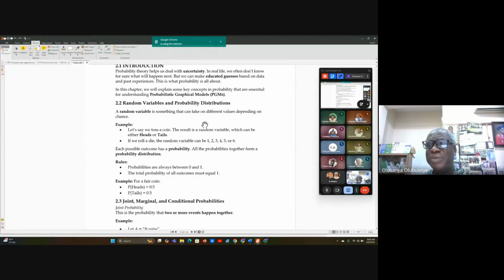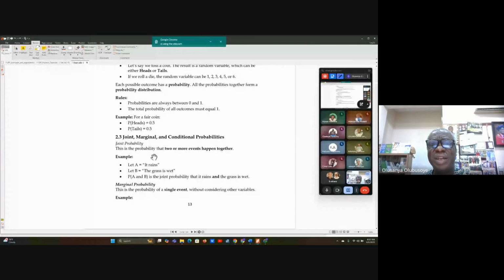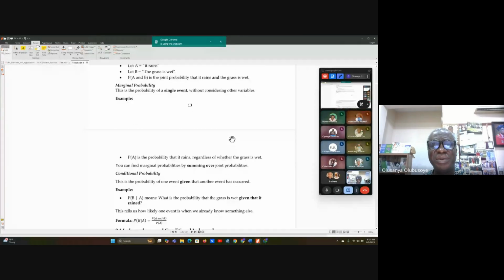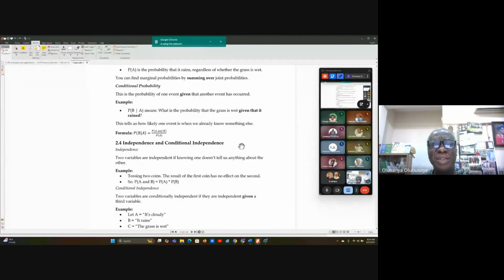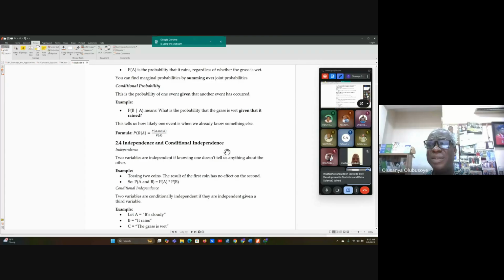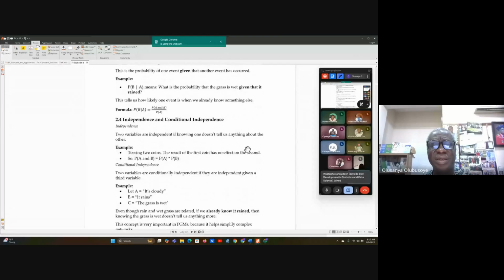We also look at probability distribution tables, joint, marginal, conditional, and independence, the difference between when two variables are independent and when they are conditionally independent.